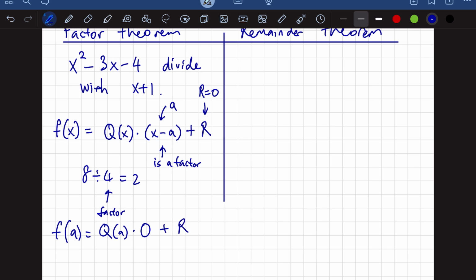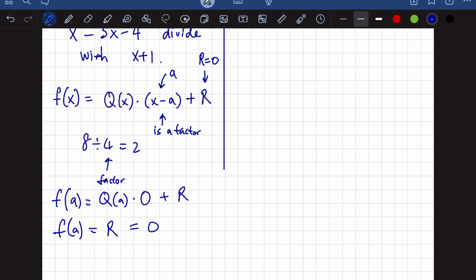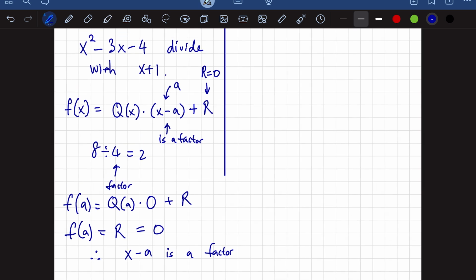Whatever q(a) is, when you multiply by 0, you will get 0. And what you're left with is f(a) equals r. And if r is equal to 0, then we can conclude that x minus a is a factor.